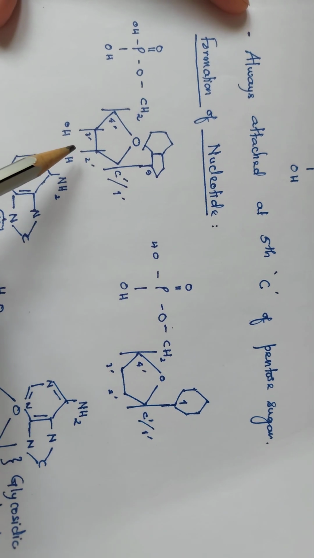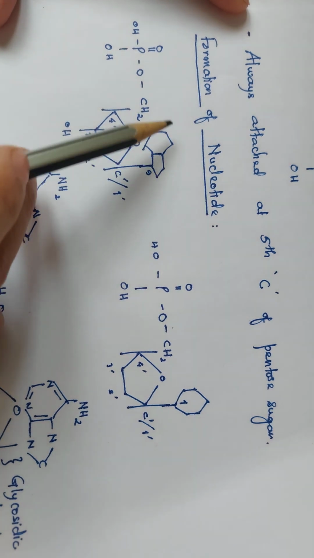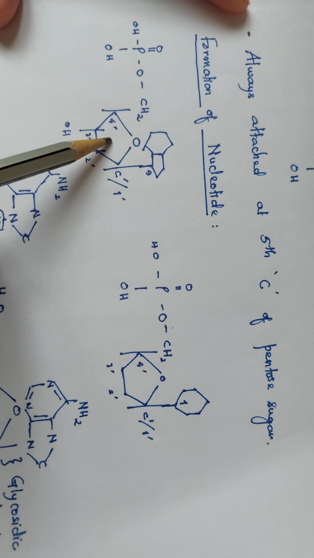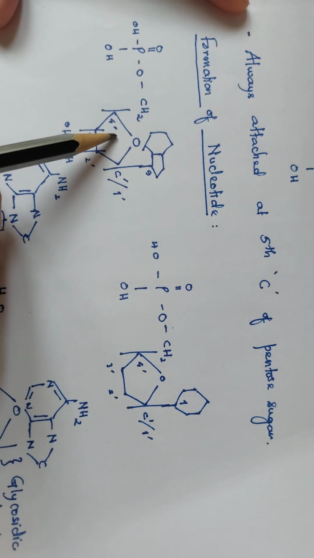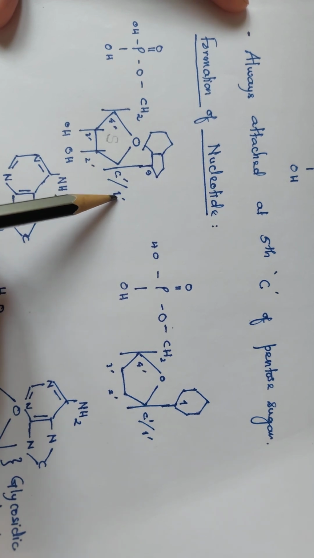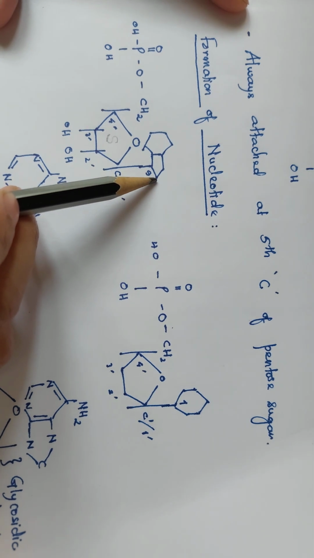See, in this figure we have a nucleotide. This is a monomeric unit of a nucleotide. So we can find here a pentose sugar. This is the sugar, and at the first carbon, 1 prime, I have written here 1 prime, there is attachment of a nitrogenous base.